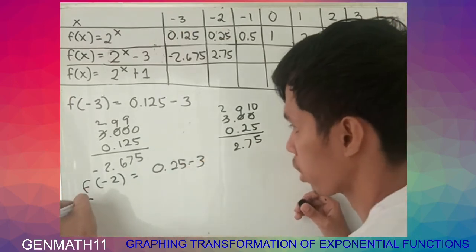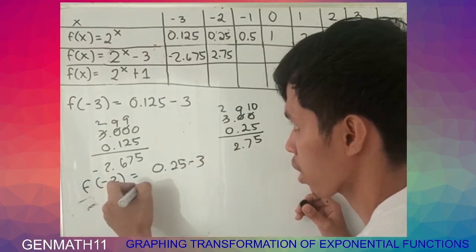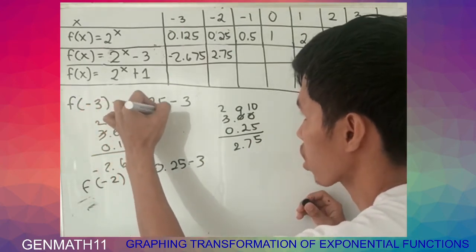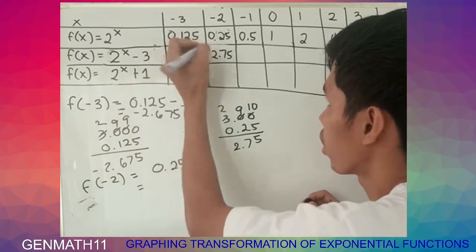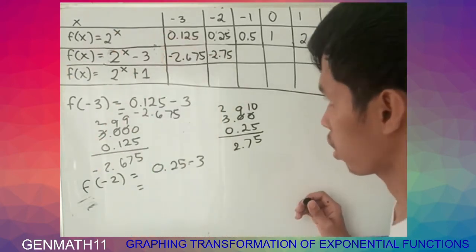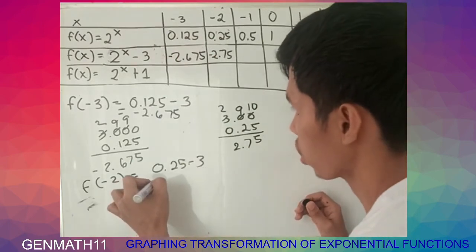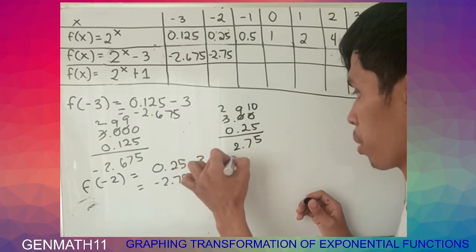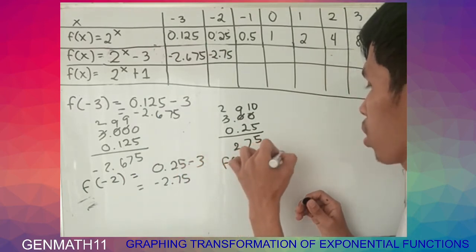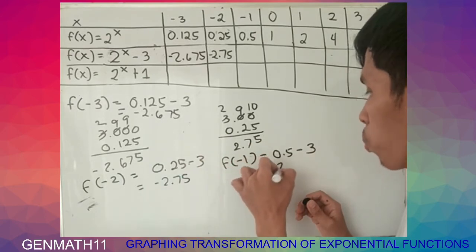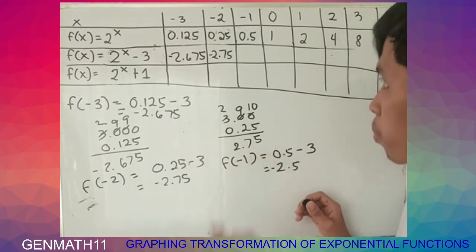Si negative 1. Sagot dito ay negative 2.625. Tama ba? Okay, negative din dito. Next. Ito ay negative 2.75. Next, negative 1 naman tayo. 0.5 minus 3. Automatic to ay negative 2.5.